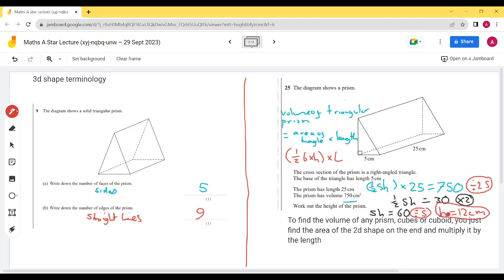So if you did 5 times 12, which is 60, divided by 2 is 30, times that by 25, that's going to get you to 750. So if we put our numbers into our equation at the start, we can double check it and we know we have got that correct. All right, hopefully that all makes sense.